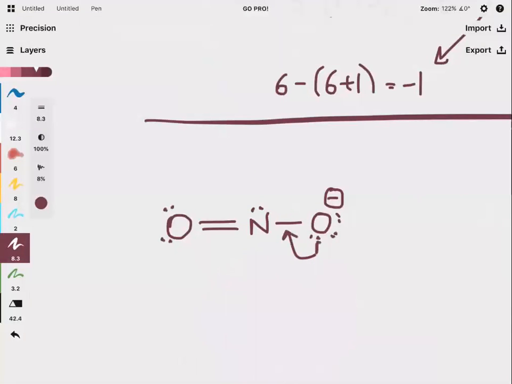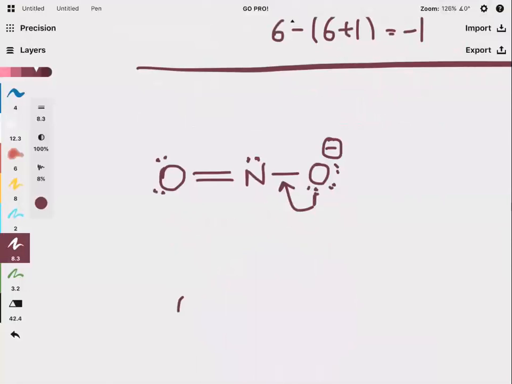So when that happens, we're overburdening our nitrogen, aren't we? Because what we ended up doing was creating this structure, and we expanded our nitrogen's octet. And we can't expand the octet for CNOF. It can only be 8. Can't be more than 8 or less than 8.